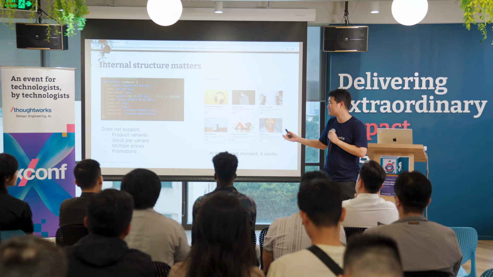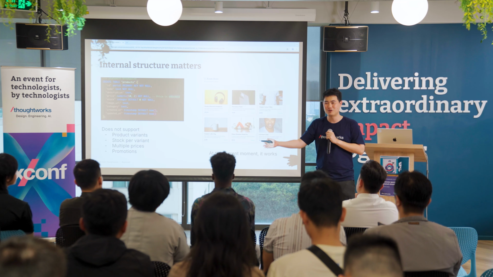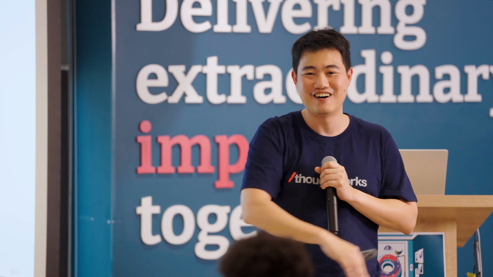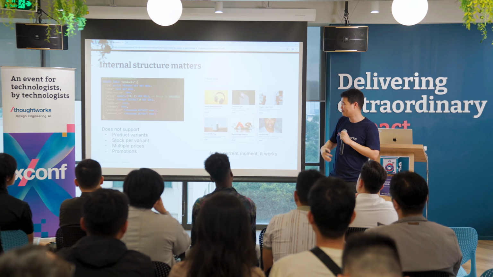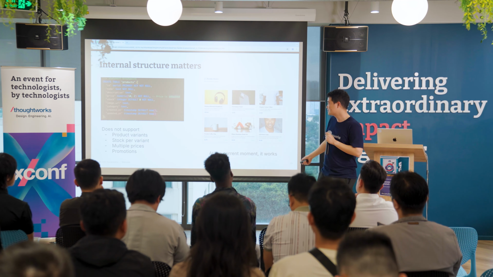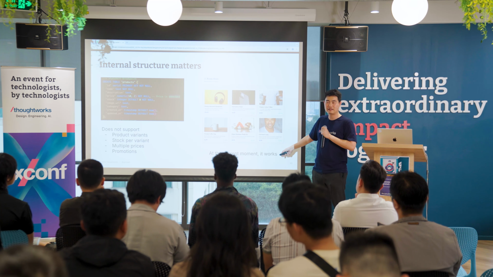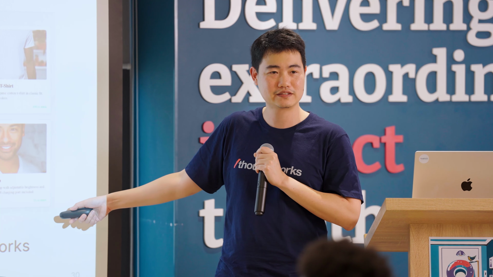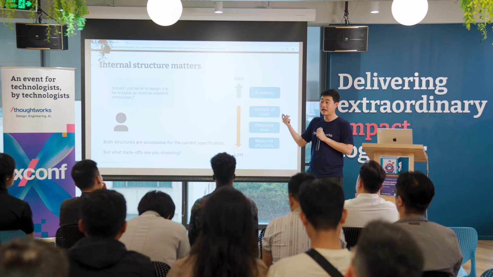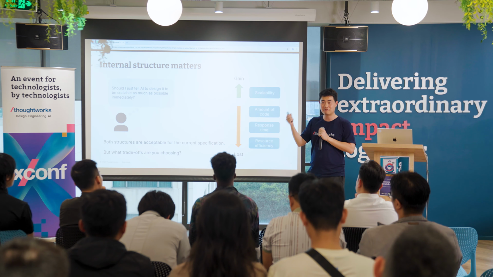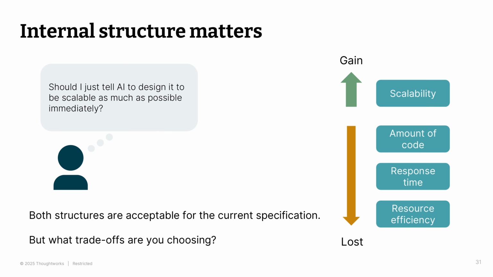And even a stock variant, like iPhone black and white and so on, it will not support. But if you look at the current state, it actually works. When you have one problem and one specification, there are many ways to build software and make it work, okay? But different ways of structuring the software inside will lead to different trade-offs.